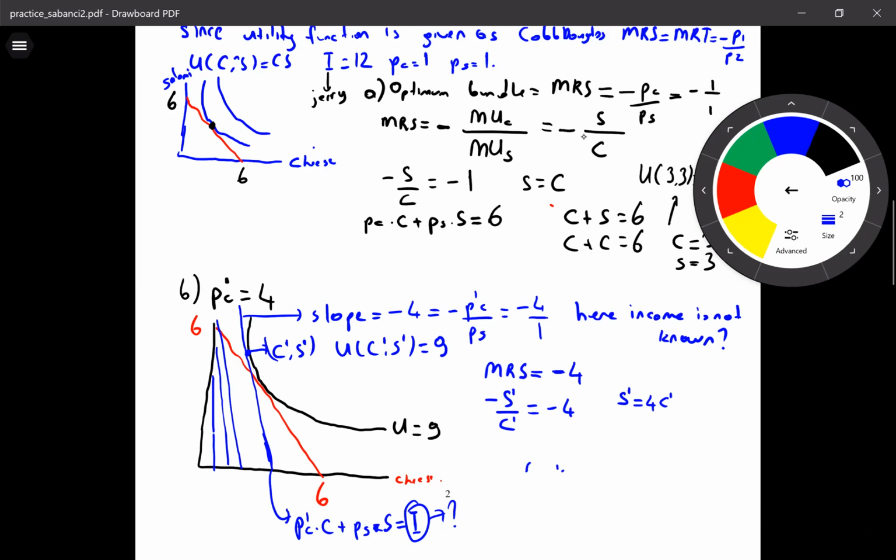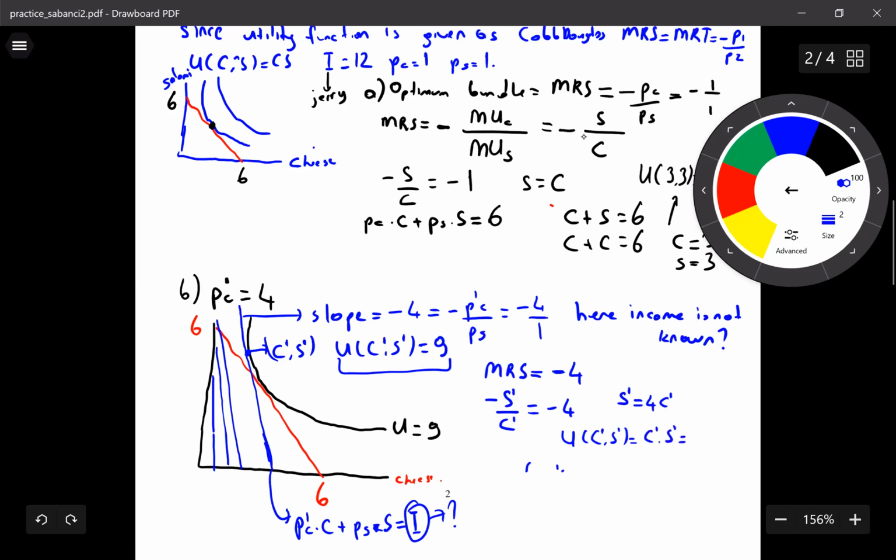Then I know this curve. Whenever I plug in those values into the utility function, I need to find a utility of 9. Utility of C prime, S prime is just the multiplication of C prime and S prime, which is 9. Now instead of S prime, I will write 4 C prime, so C prime times 4 C prime is equal to 9.